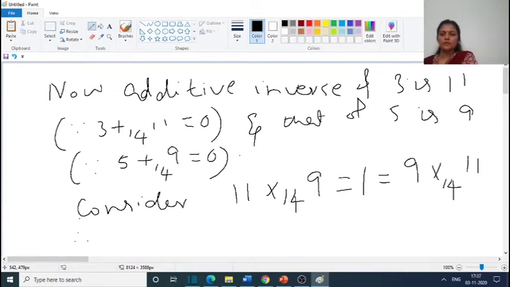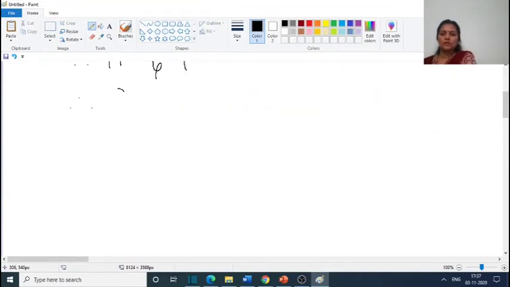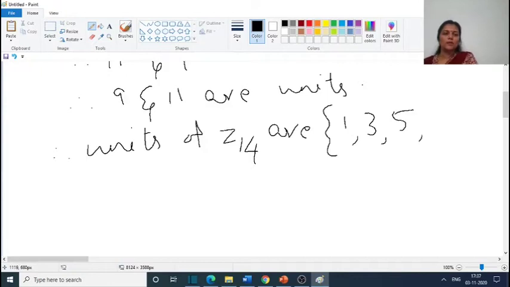Therefore 11 and 9 are inverses of each other, therefore 9 and 11 are units. Therefore the units of Z14 are 1, 3, 5, 9, 11 and 13.